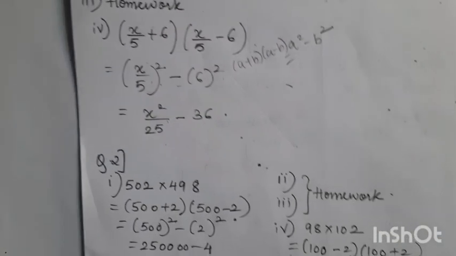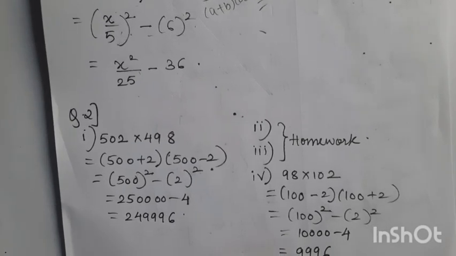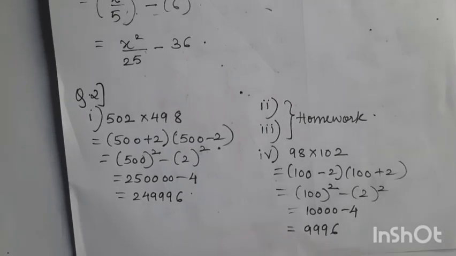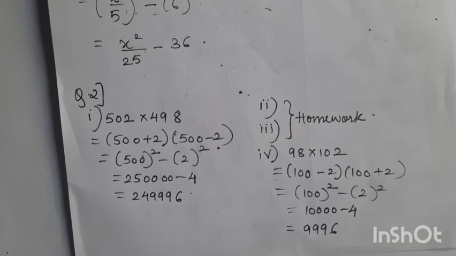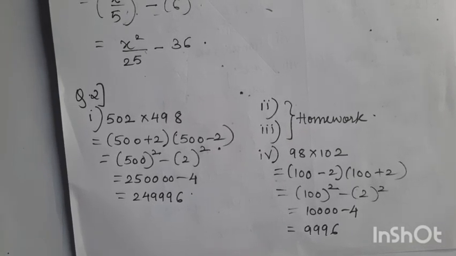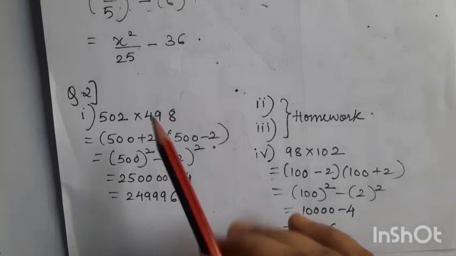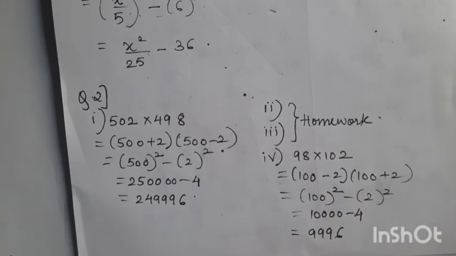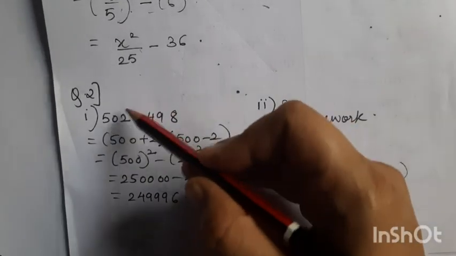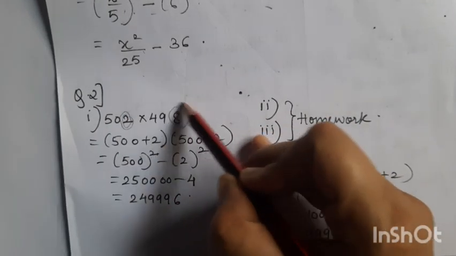Then next, question number 2, use the formula to find the values. Now we have to find the values using the formula. Same formula, (a + b)(a - b) is equal to a square minus b square. So first sum, 502 into 498. Now you can see the number over here is 2 and here it is 8.